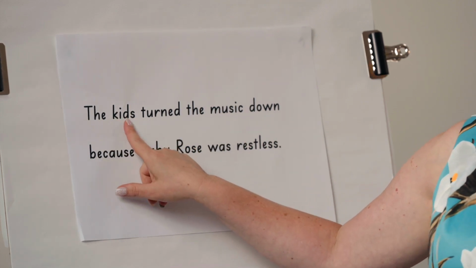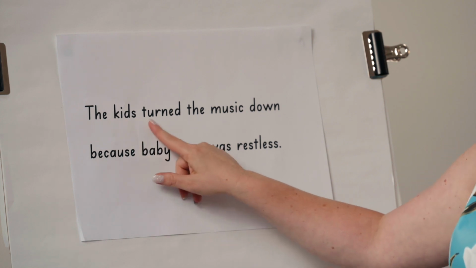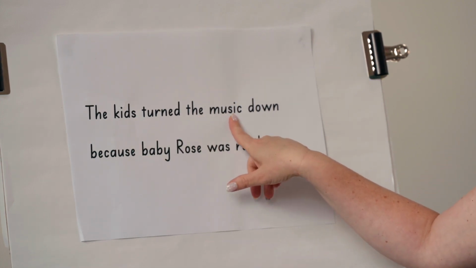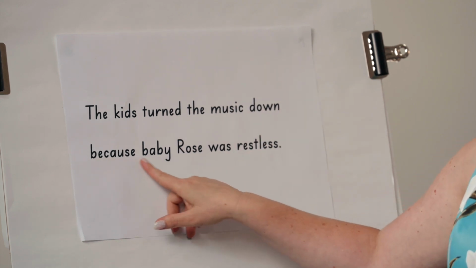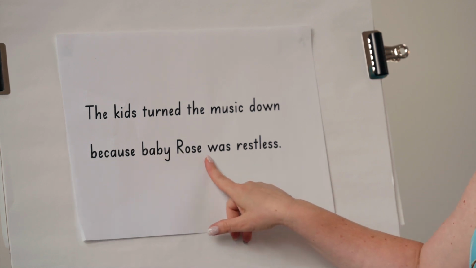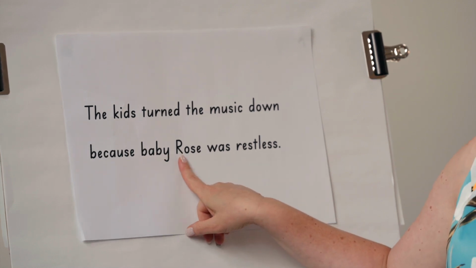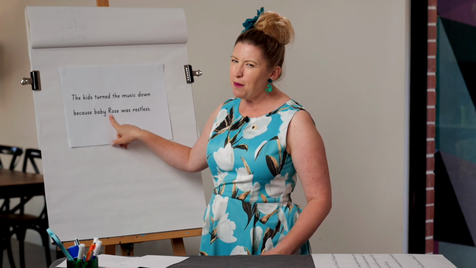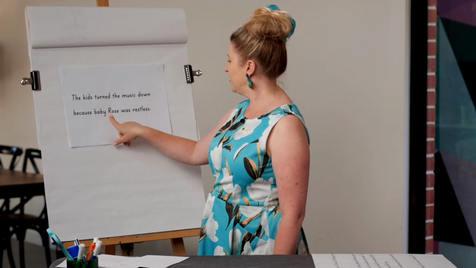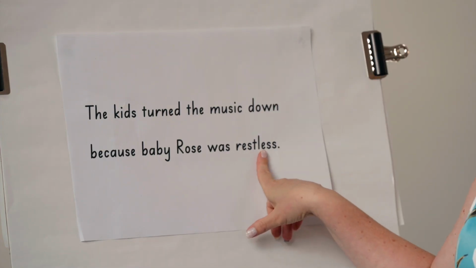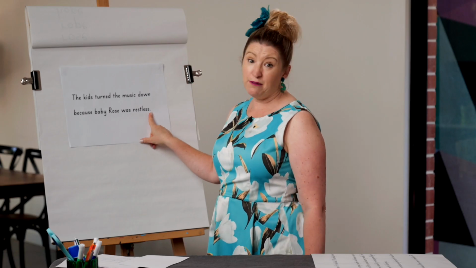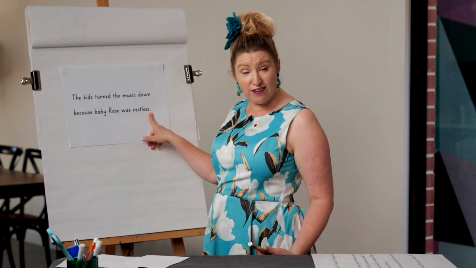The kids, you hear that Z sound in there? Turned the music, there's a Z in there, down because baby, a two-syllable word, baby Rose. Did you get that capital for Rose? Remember, it's a name. She's not a baby flower. She's a baby. She's got a name, Rose. Was restless. Do you remember your suffix, less? She wasn't getting any rest, baby Rose, because the music was too loud. The kids had to turn it down.